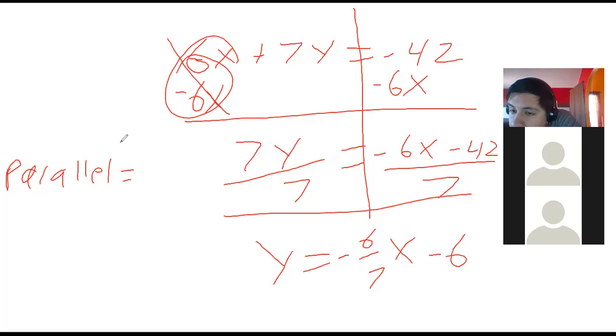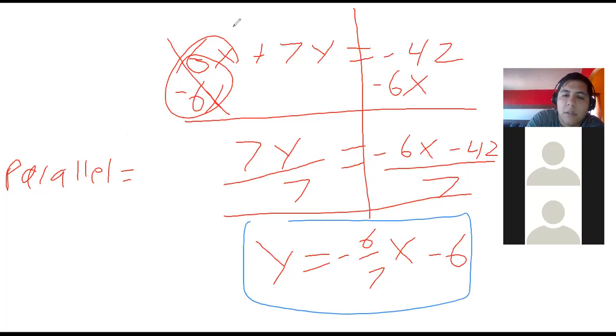Sorry, John, you're kind of cutting out there. But yeah, now that I have this equation, and I want to find a line that is parallel to that, what kind of slope does it need to have? Negative slope? Well, it's not just negative, but our slope is -6/7.